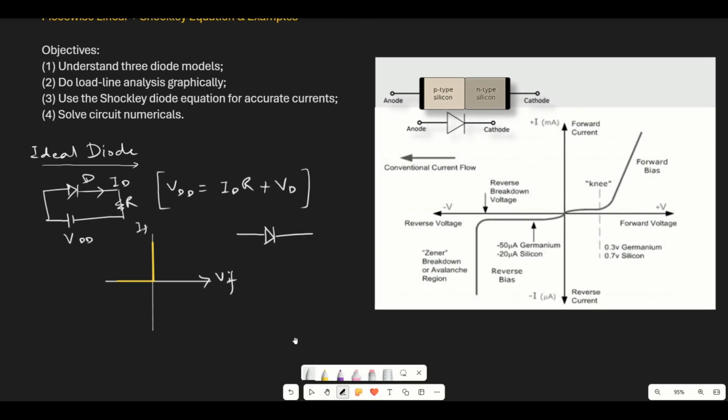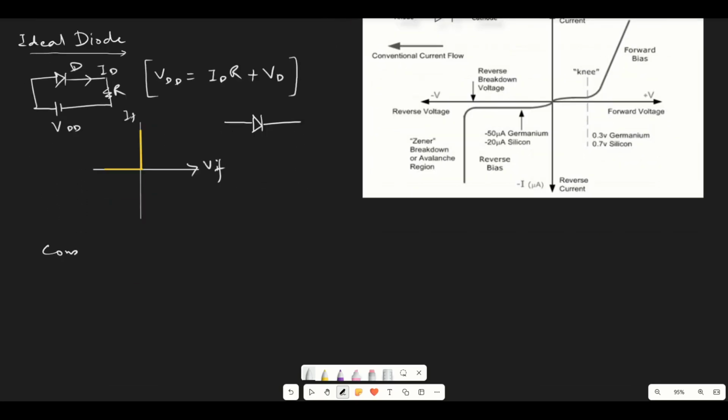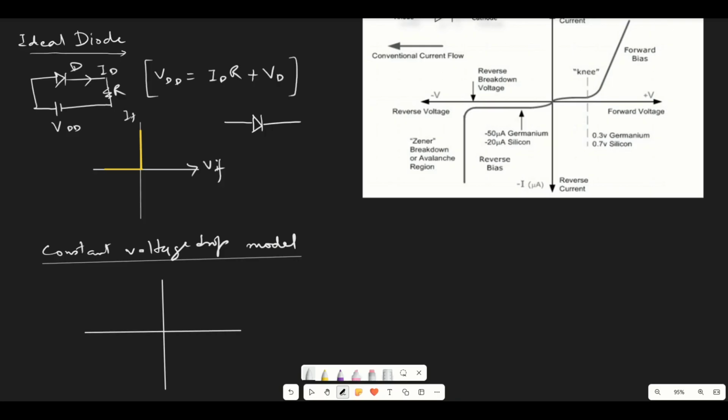Now moving forward, the constant voltage drop model. What change can we see in this model? Let us again draw the axes. In the constant voltage drop model, after 0.7 volt the diode conducts because of the depletion layer, as we already know.